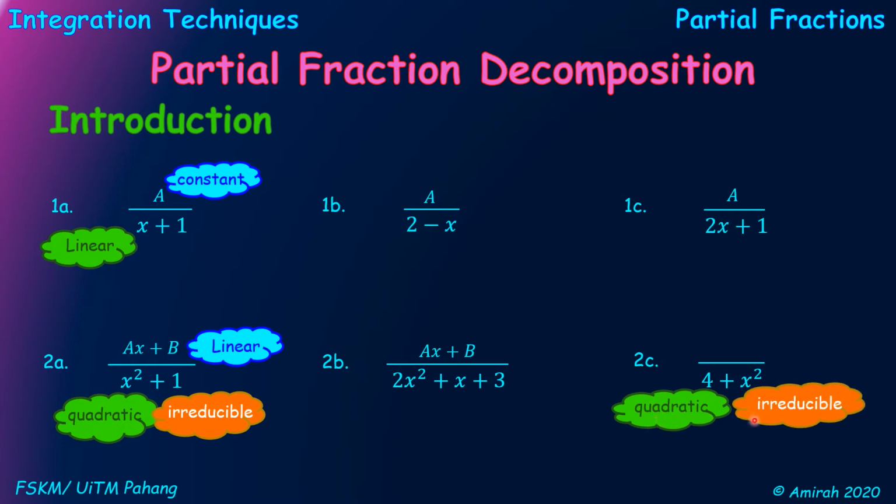This is also irreducible quadratic function or quadratic factor. So we can write numerator equals to linear factor Ax plus B. In general, if we have the denominator with degree 2, numerator should have 2 constants. If we have denominator with degree 1, numerator should have 1 constant.